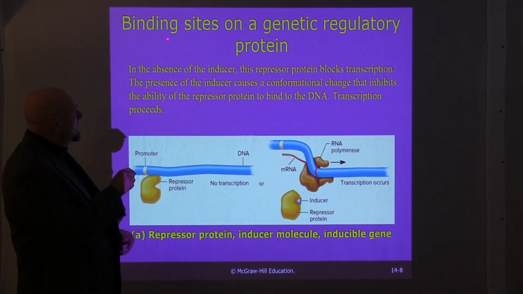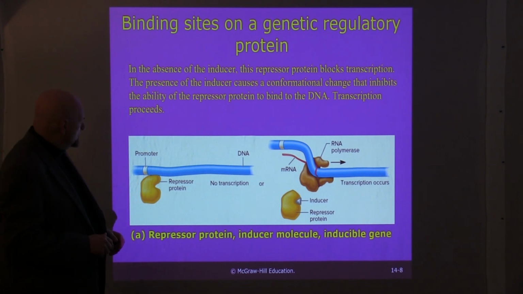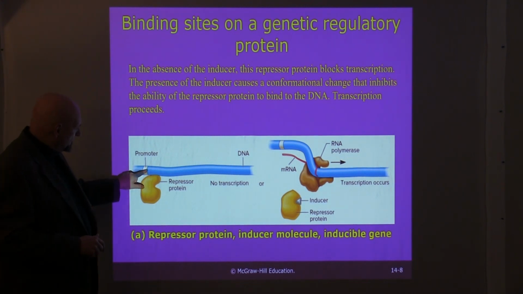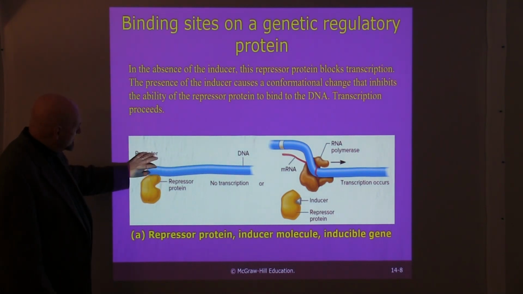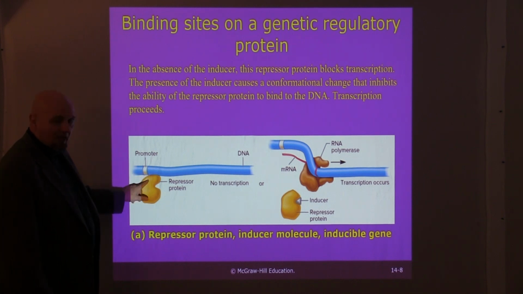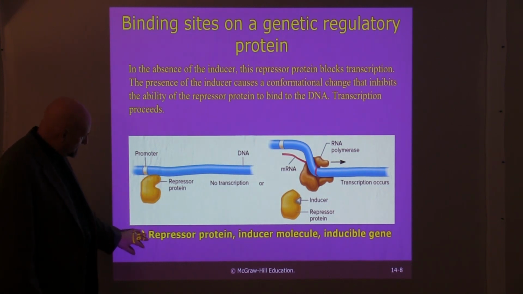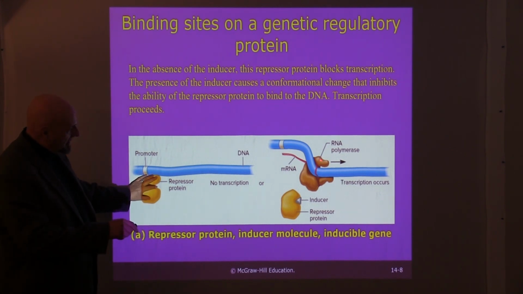So, binding sites on genetic regulatory proteins. Here you have a promoter, and here's a repressor protein. This is repressing gene expression, and it binds here. Well, along comes an inducer, and it binds to this and causes it to lose its ability to bind to that controlling site that's sitting on top of the promoter. And as a result, it comes off. While it was there, it actually blocked the RNA polymerase from even being able to bind to the promoter.